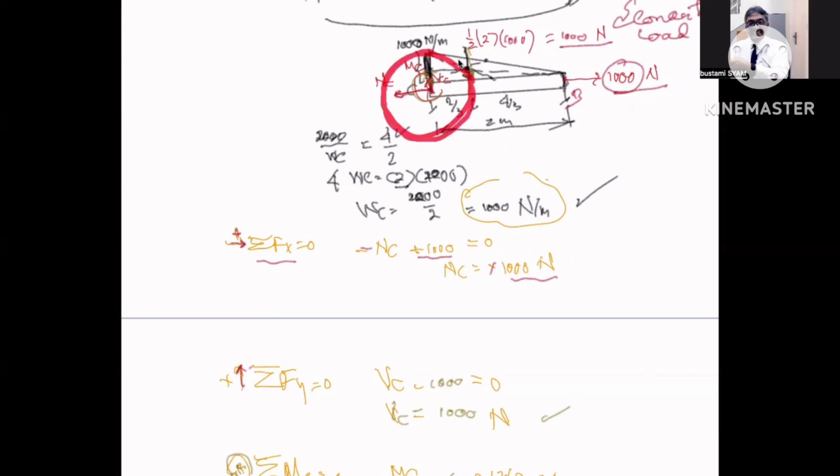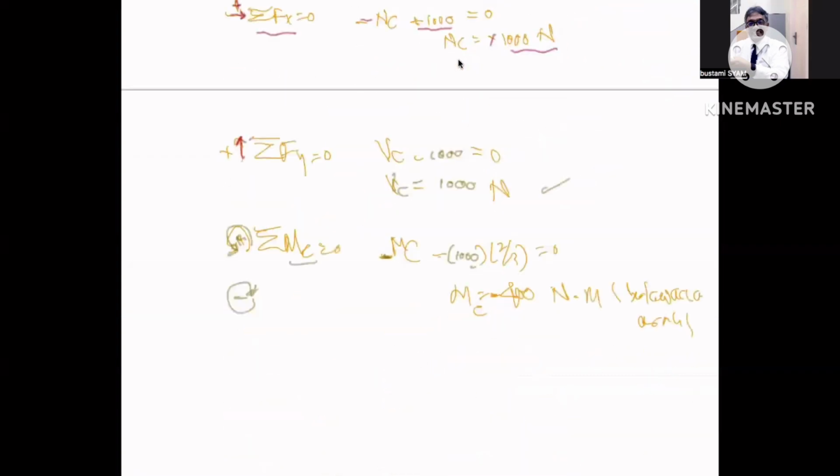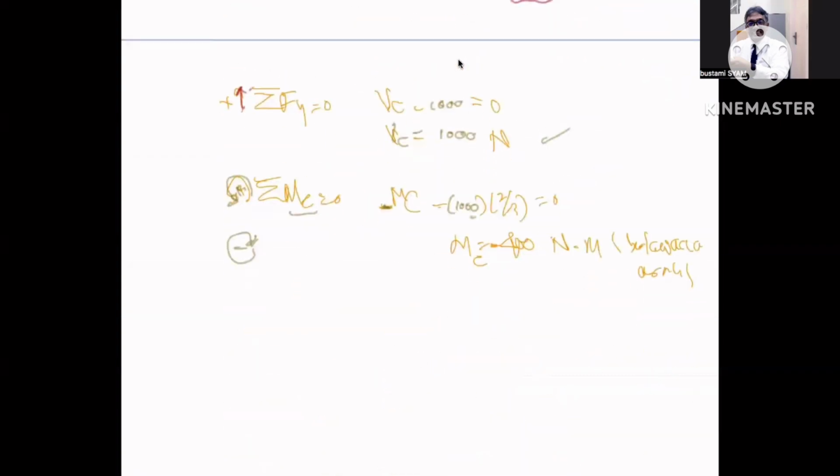This is also negative, clockwise. So 1,000 minus 1,000 by 2/3 equal to 0, then MC equal to minus 1,000, 2,000 over 3. So this, let's correct this again.